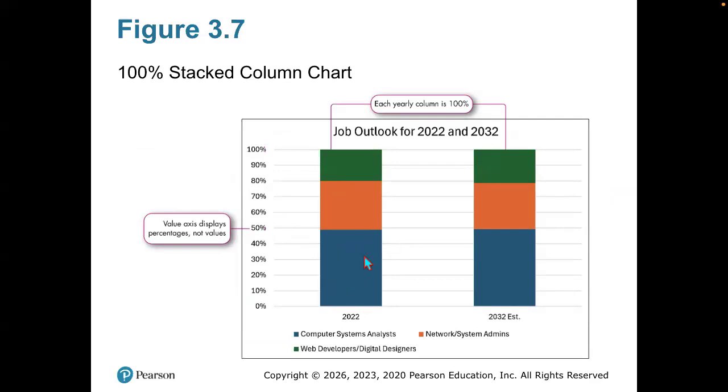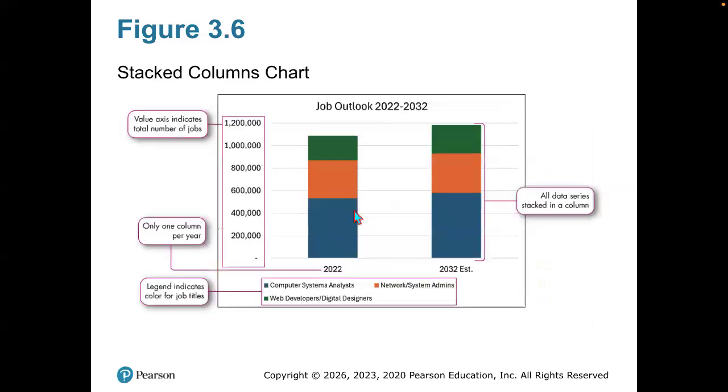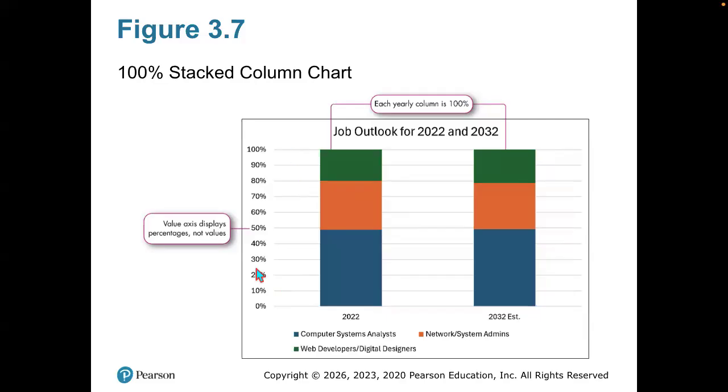That means these computer systems people are bringing in about half of the total amount of money. This tells a different story than this guy. They're the same chart, right? But because I scaled my value axis differently, this tells a story about how much money you're making. This tells us how much money in relation to the other jobs I am making.